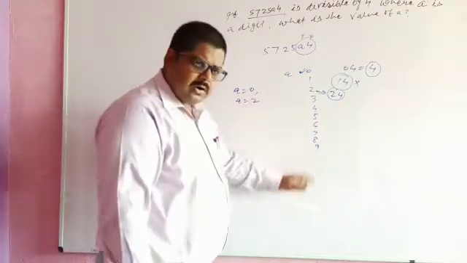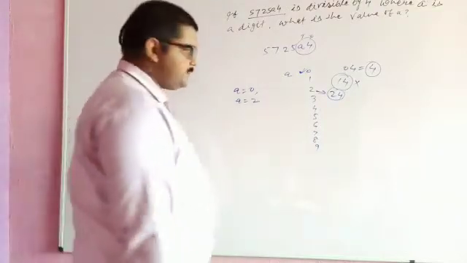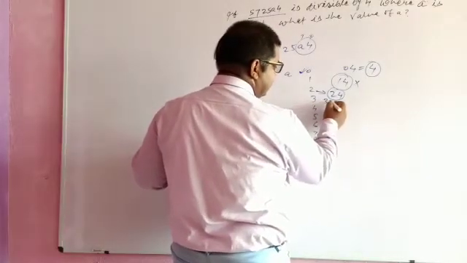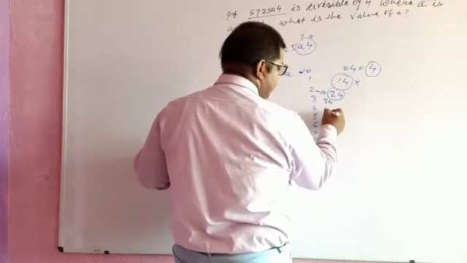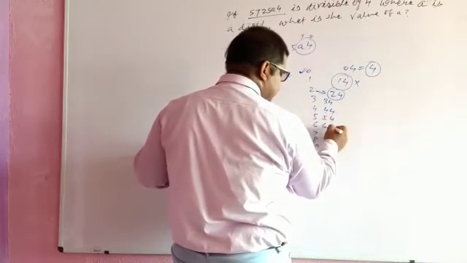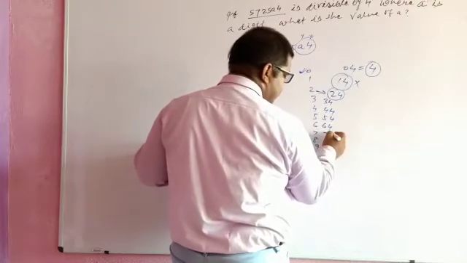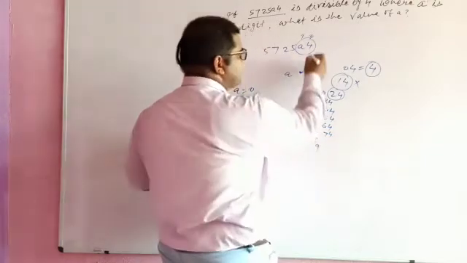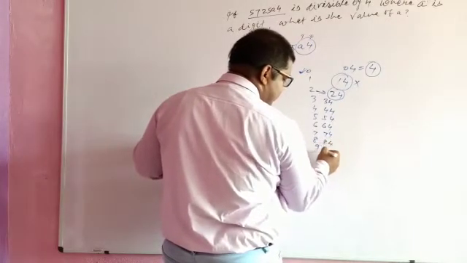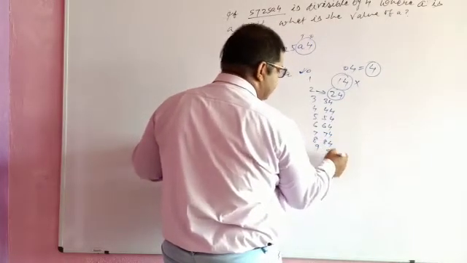Similarly, you have to check all such numbers. 34, if you select 3, then 34, 4 then 44, 5 then 54, 6 then 64, 7 then 74, 8 then 84, and 9 then 94.